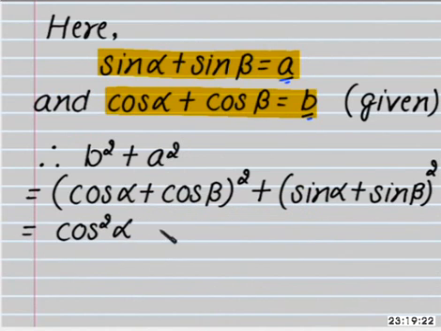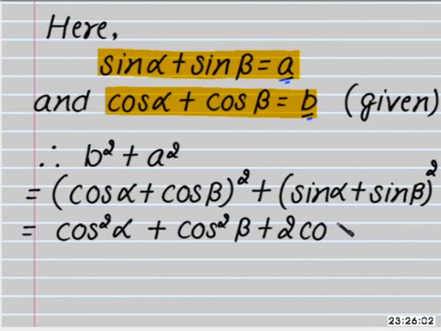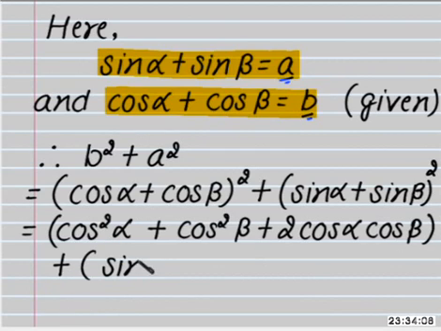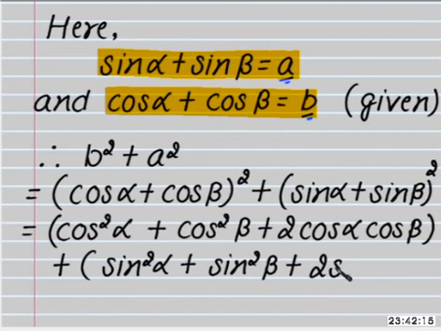and that is equal to cos square alpha plus cos square beta plus 2 cos alpha into cos beta plus sin square alpha plus sin square beta plus 2 into sin alpha into sin beta.